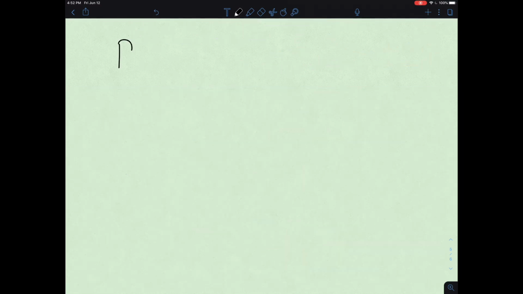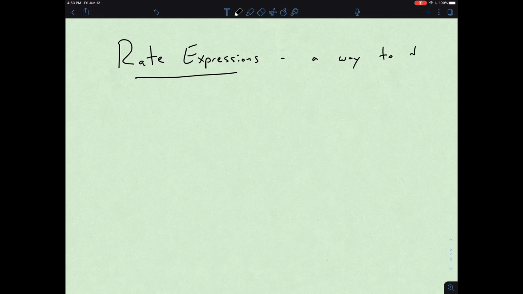We also have what's known as rate expressions. And rate expressions are basically a way to detail how a reaction's rate proceeds with time.